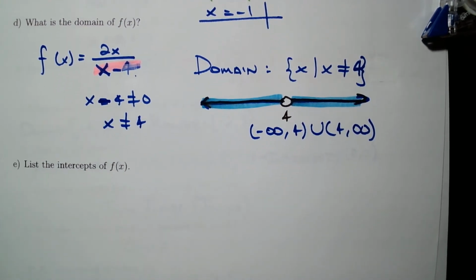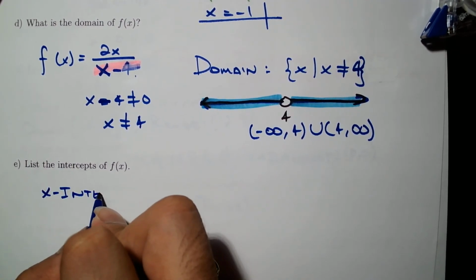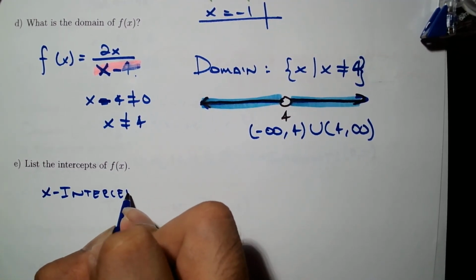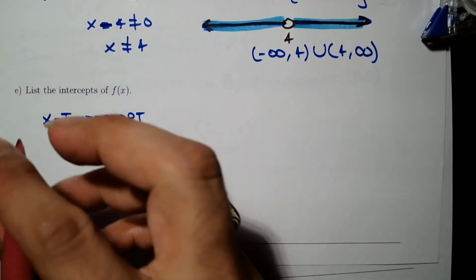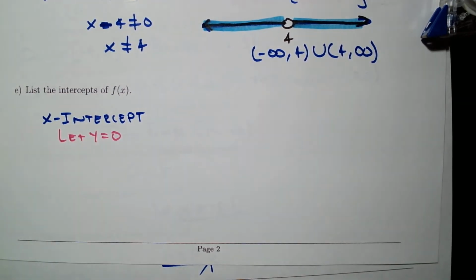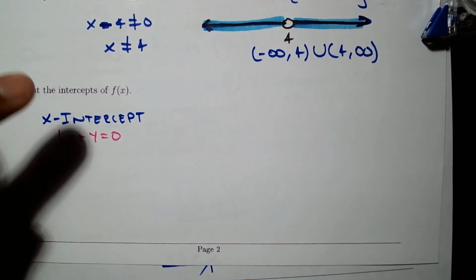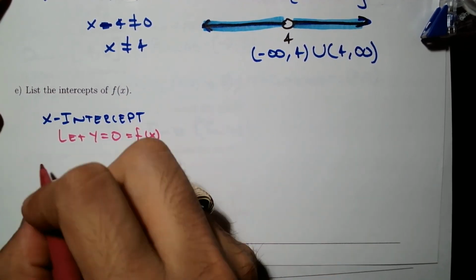And the last of this, list the intercepts. Okay, so the X-intercept. Recall that to get the X-intercept, we let y equal 0. Again, keep in mind that y is also f of x. So set f of x equal to 0.